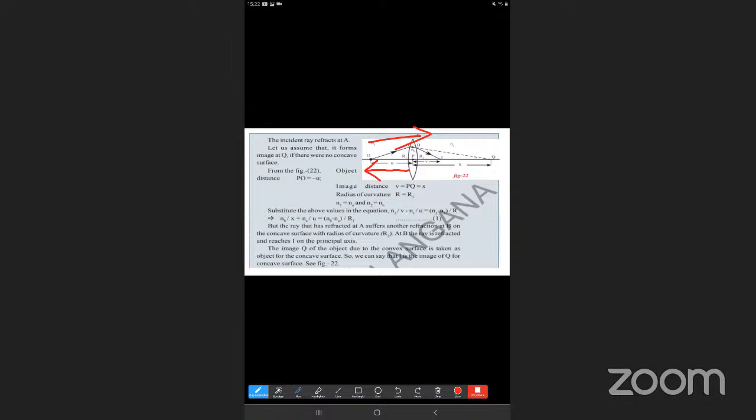So PO equals minus U. The image distance is PQ, that is V equals PQ, here X. The radius of curvature R equals R1. We are taking only the refractive index of the first medium: N1 equals Na and N2 equals Nb, where N1 is the refractive index of the first medium and N2 is that of the second medium.